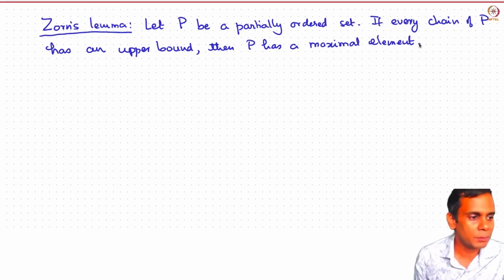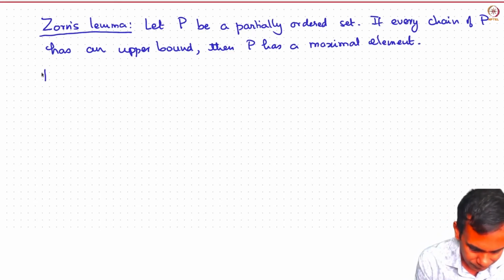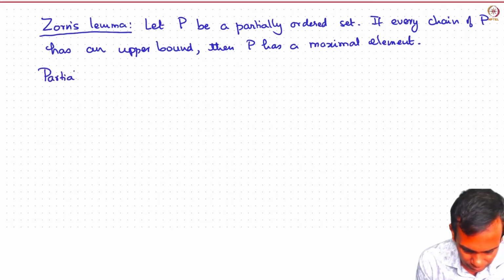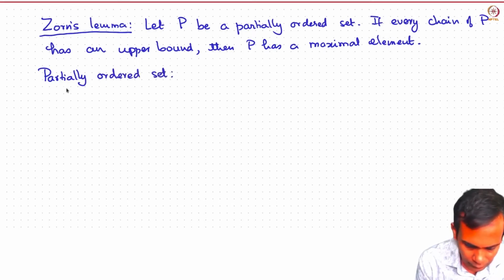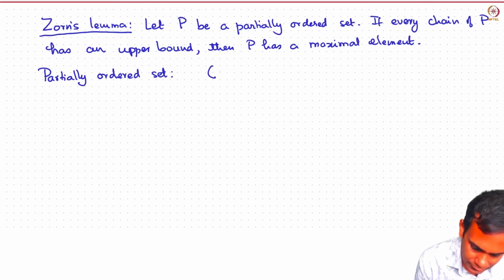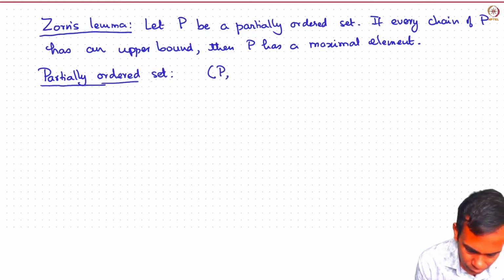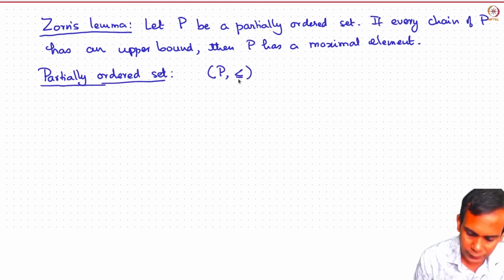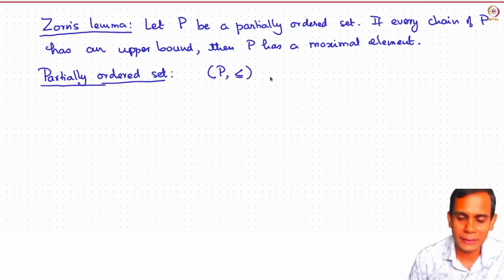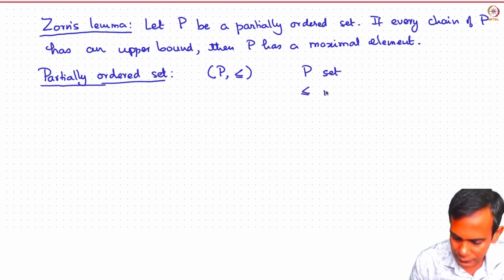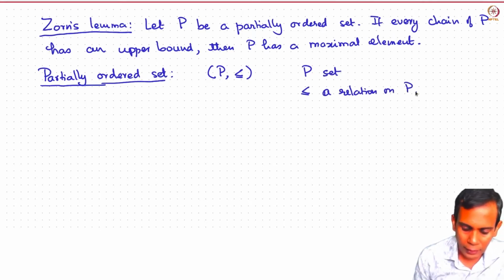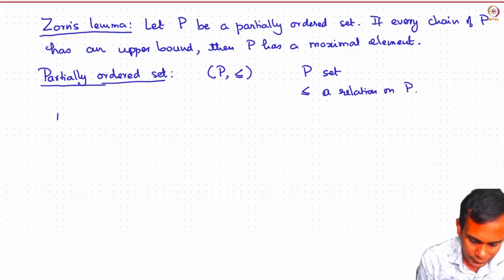So that's the statement. Let's now break it down and see what each of these terms that occur in the statement means. So to begin with, let's talk about partially ordered sets. What is a partially ordered set? A partially ordered set is a set P together with a relation less than or equal to, a partial order relation. So P is a set and this is a relation on P, and it must satisfy the following axioms.